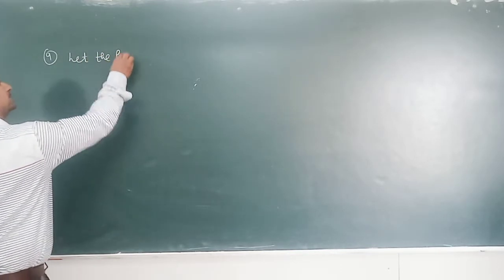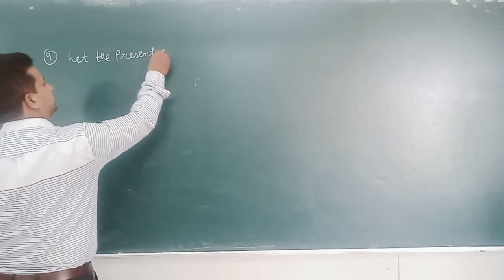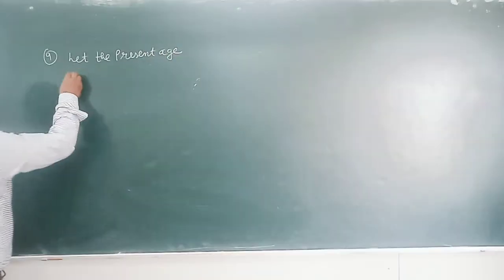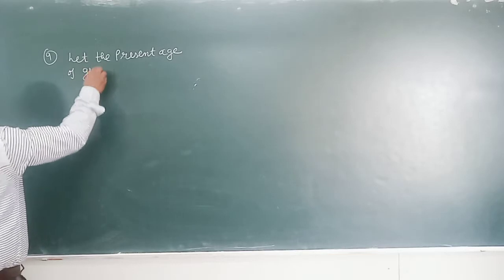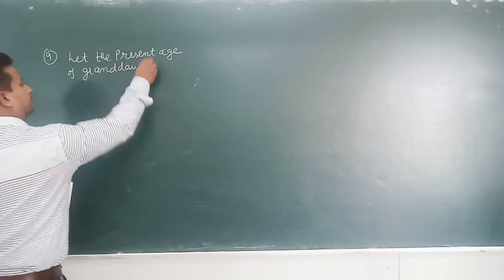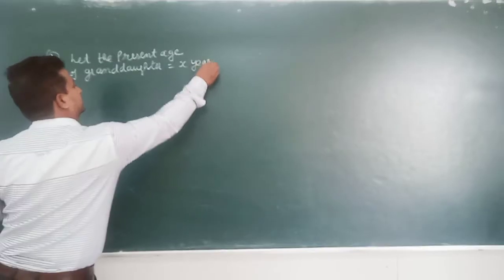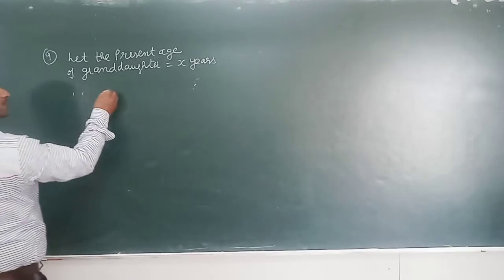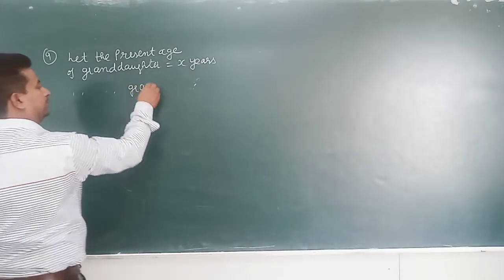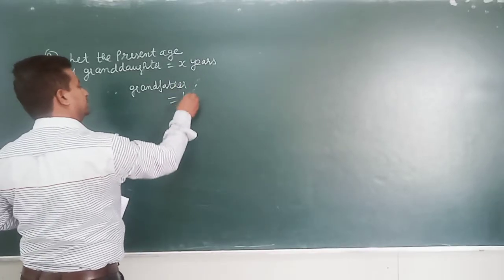the present age of granddaughter is equal to x years and present age of grandfather is 10 times.